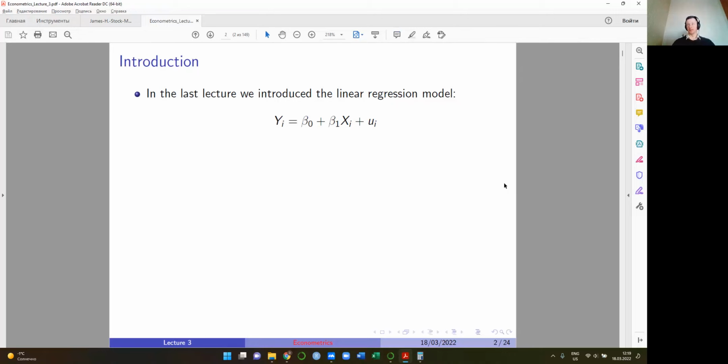The idea is to decompose the variable of interest y into the part which depends on x, and which linearly depends on x, and some part which is unrelated to x.